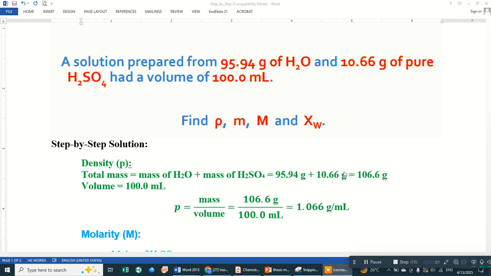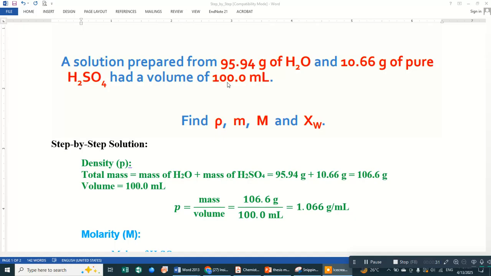Assalamu alaikum dear students. Next we solve a very interesting numerical: how we can find out density, molarity and mole fraction of water from the mass of the water, that is the solvent, the mass of the sulfuric acid, that is the solute, and the total volume of the solution.